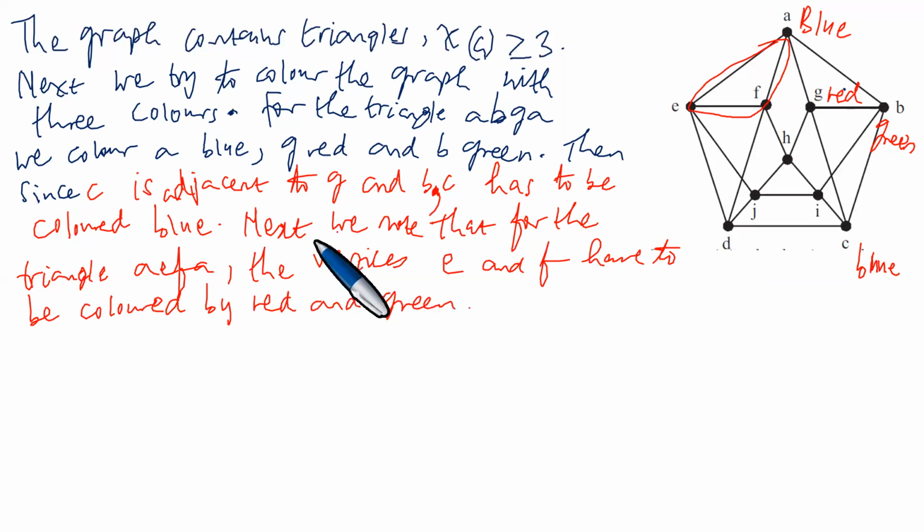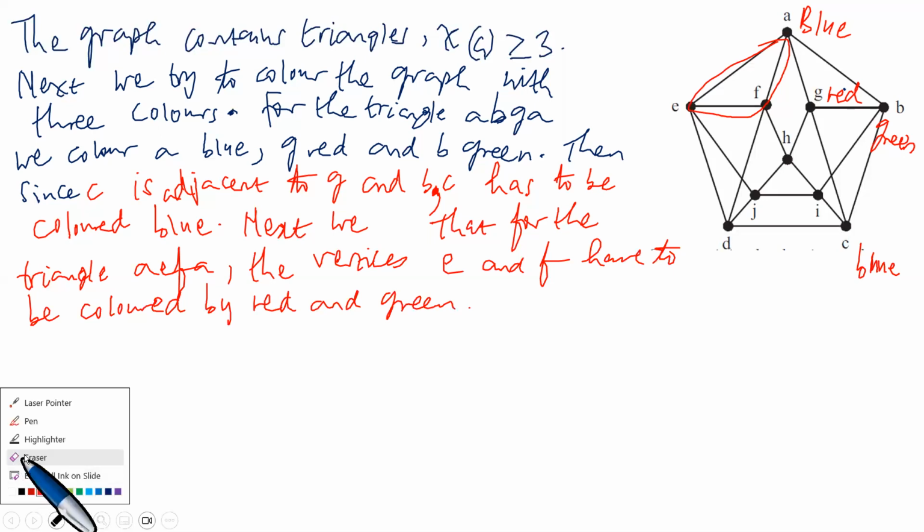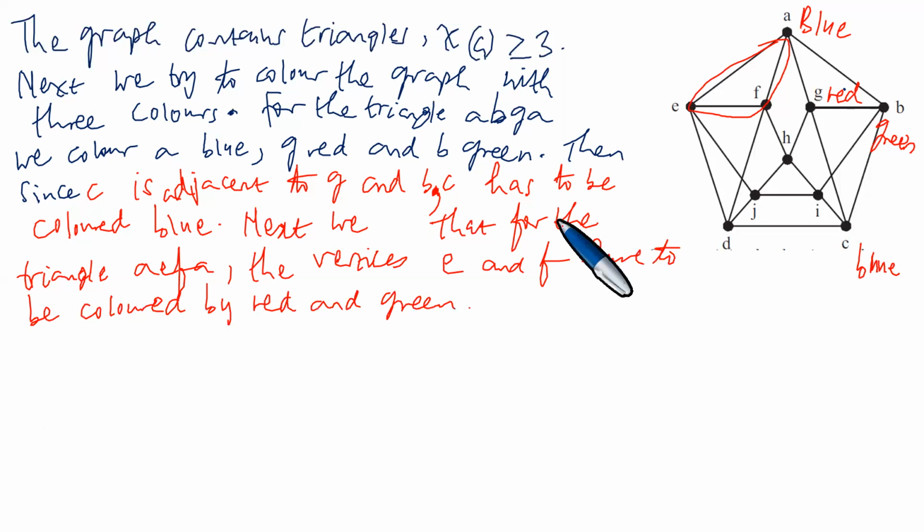So next we note that for the triangle AEFA, the vertices E and F have to be colored by red and green. So we can do red, green.